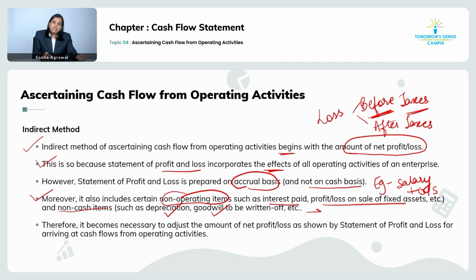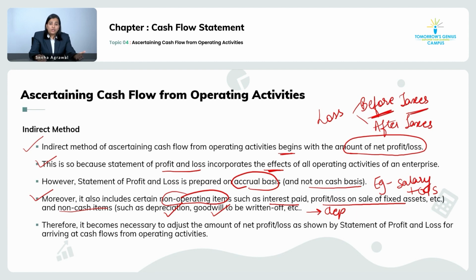But when we charge the depreciation, are we going to pay some cash to someone? Like in the case of salary, we are actually paying salary to the employees, right? There is an actual cash outflow of the business. But in case of depreciation and writing off the goodwill, there is no actual cash outflow out of the business, although it is charged as an expense in your profit and loss account.